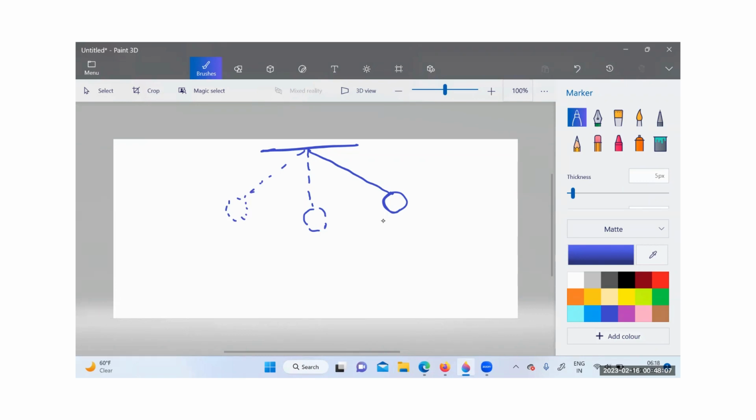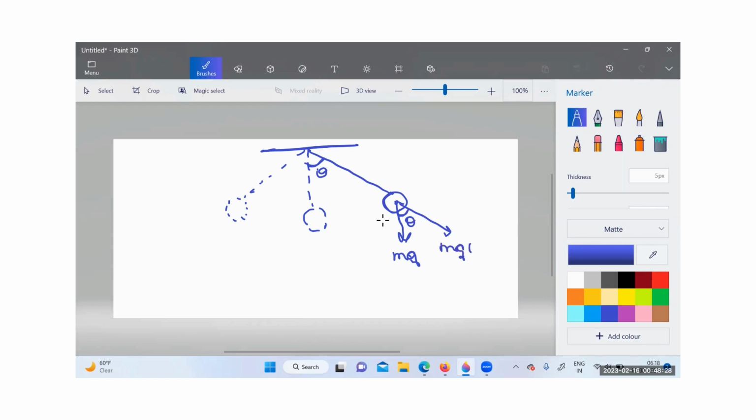Correct? So this is a bob. This bob will have a particular mass, and for that I'll write force due to gravity, which is mg. And let us say this is theta. If that is theta, even this is also theta, correct?